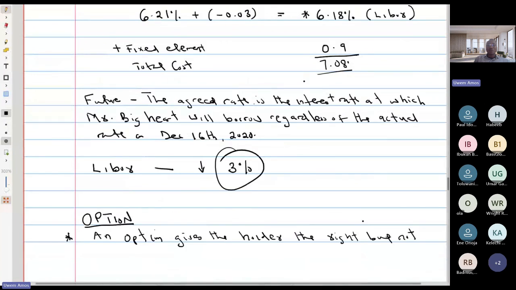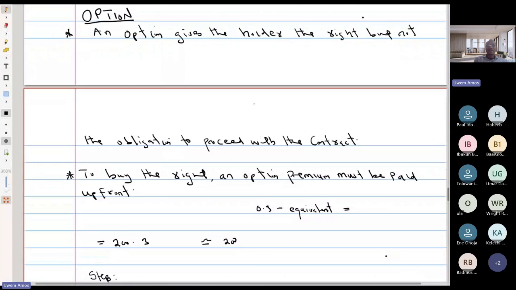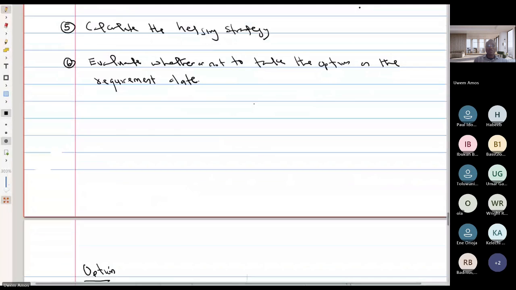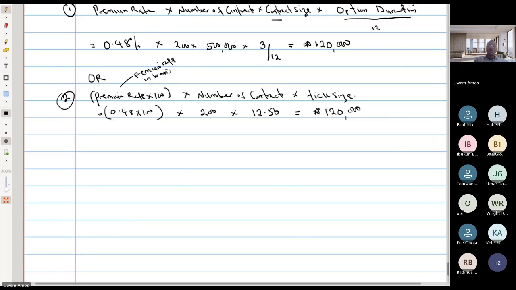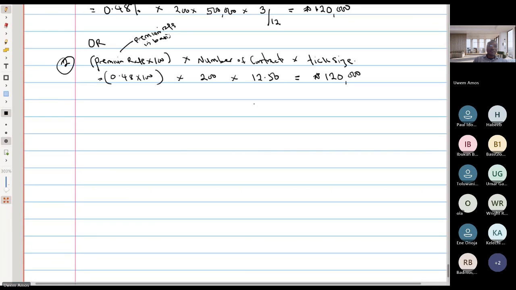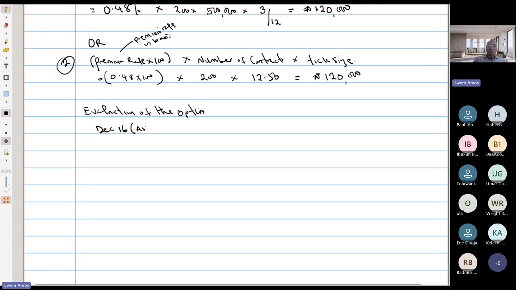The last part of our option is to evaluate the option. So let's evaluate the option. Let's assume that on December 16th, when Mr. Bighart intends to borrow, LIBOR indeed increases by 1%.